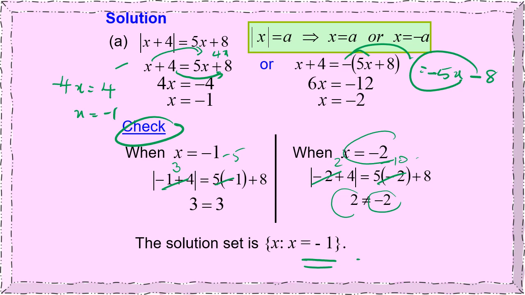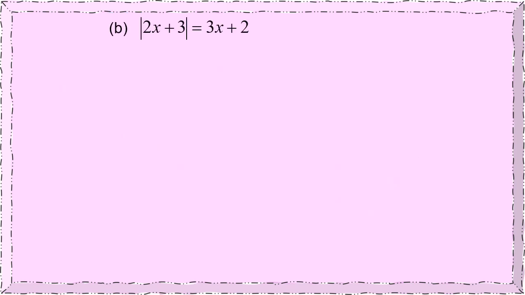So let's do question B. Okay, so for question B, absolute 2x plus 3 equal to 3x plus 2. So using the definition of absolute equation, we have 2x plus 3 equal to positive of 3x plus 2, or 2x plus 3 equal to a negative of 3x plus 2.